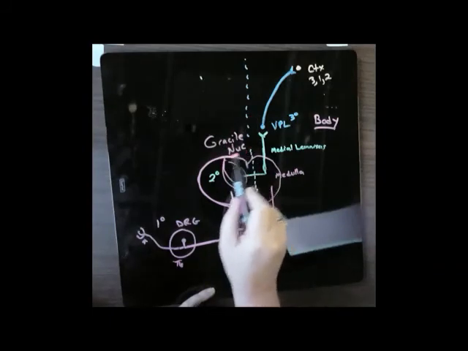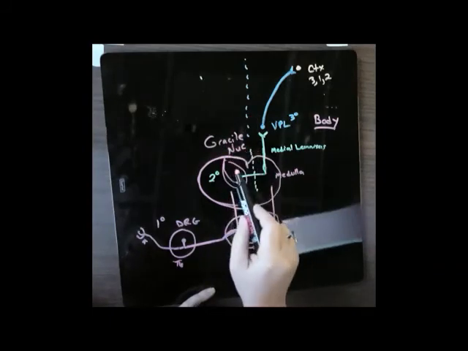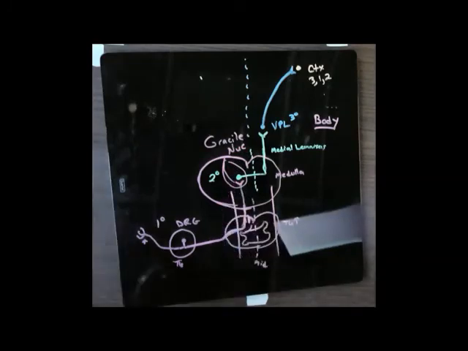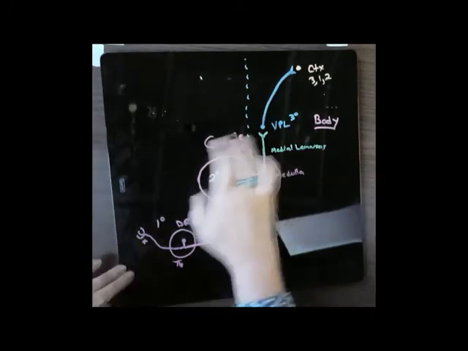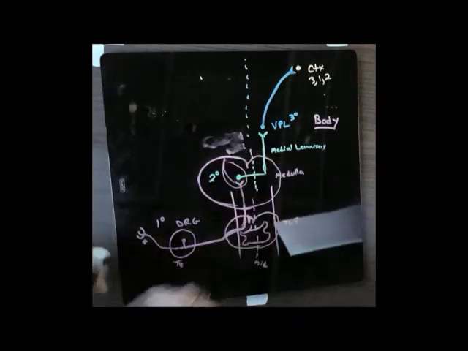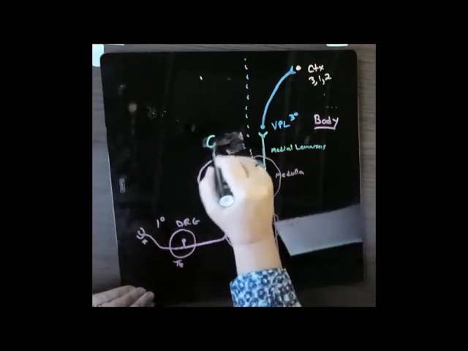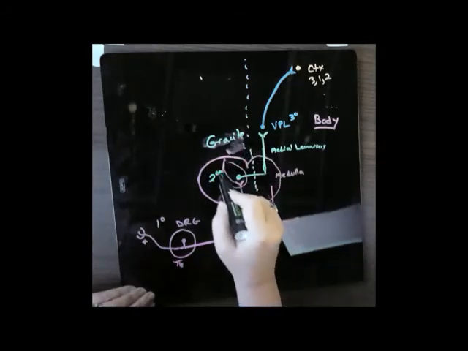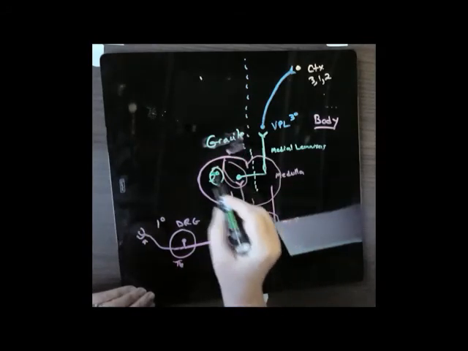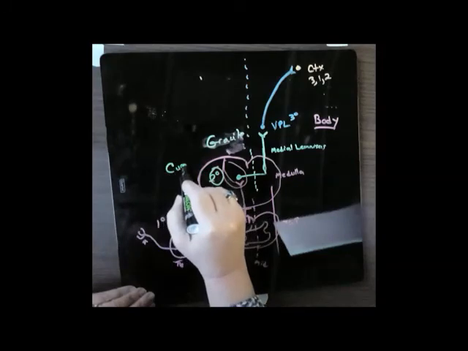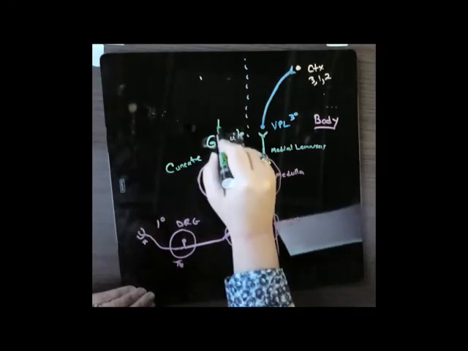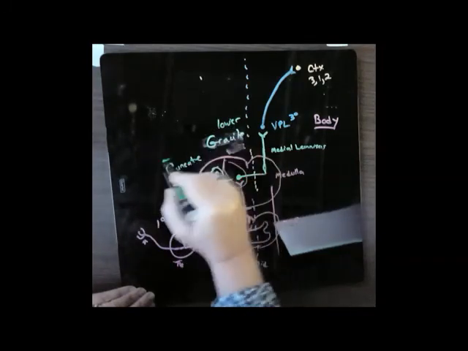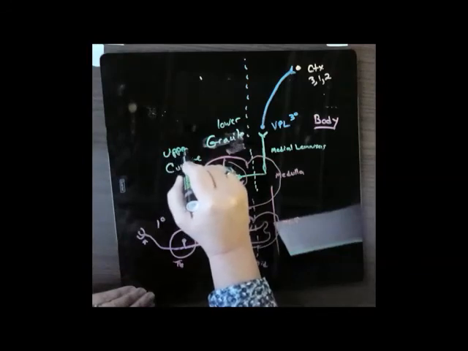It's a nucleus, so it's a collection of cell bodies within the CNS. These are the second order cell bodies. That's the gracile, and just lateral to that is the cuneate. This is lower, and this is upper body representation.